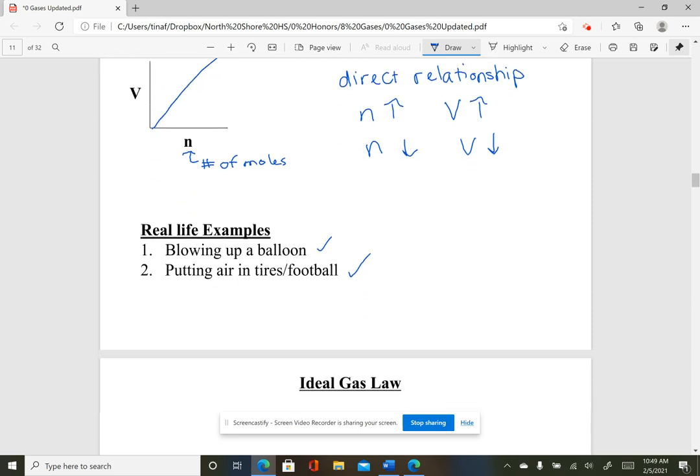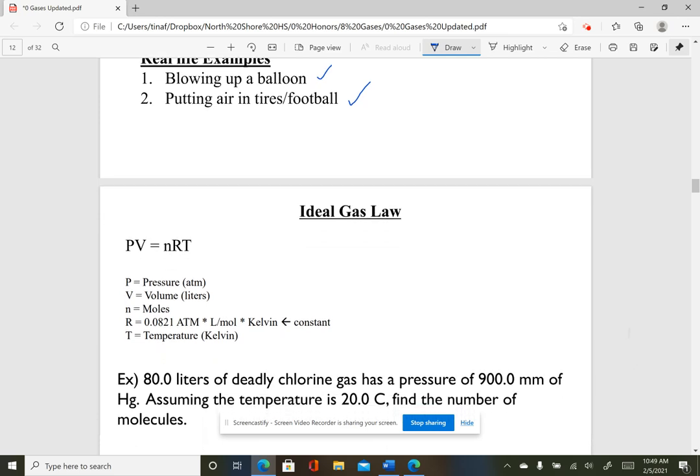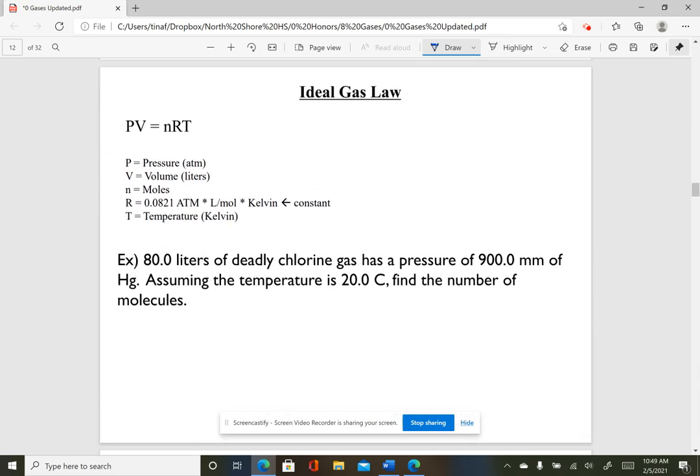That makes sense. Okay, now there are two equations that you have to know regarding gases and these relationships. We're going to talk about one today and save the other one for the next video. So this is called the ideal gas law, and the formula is PV equals nRT.